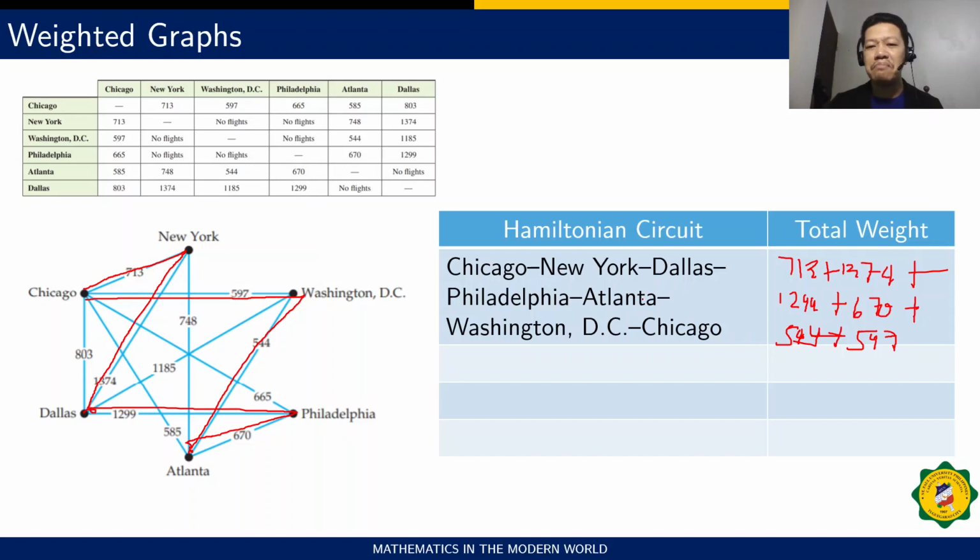That's one possible circuit. You can take another Hamiltonian circuit visiting all 6 cities, and that will be your assignment. You have to find another circuit whose total weight is less than this. Find the lowest.